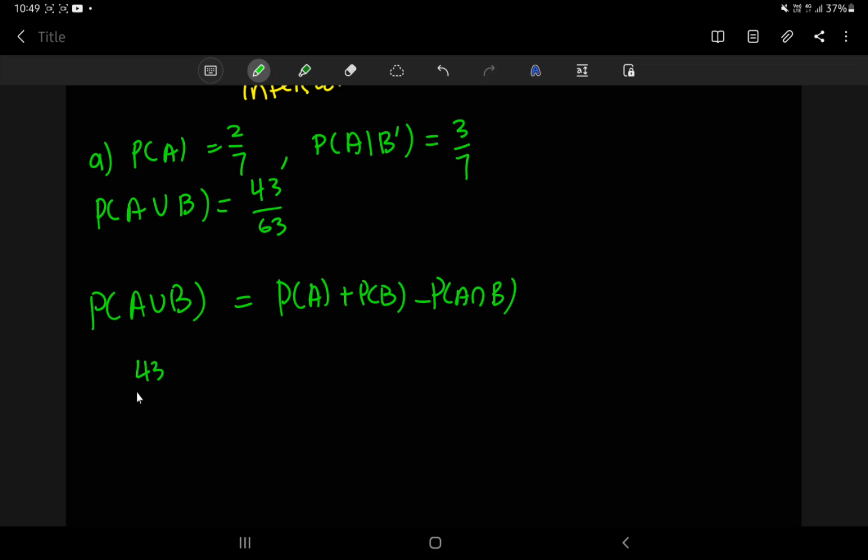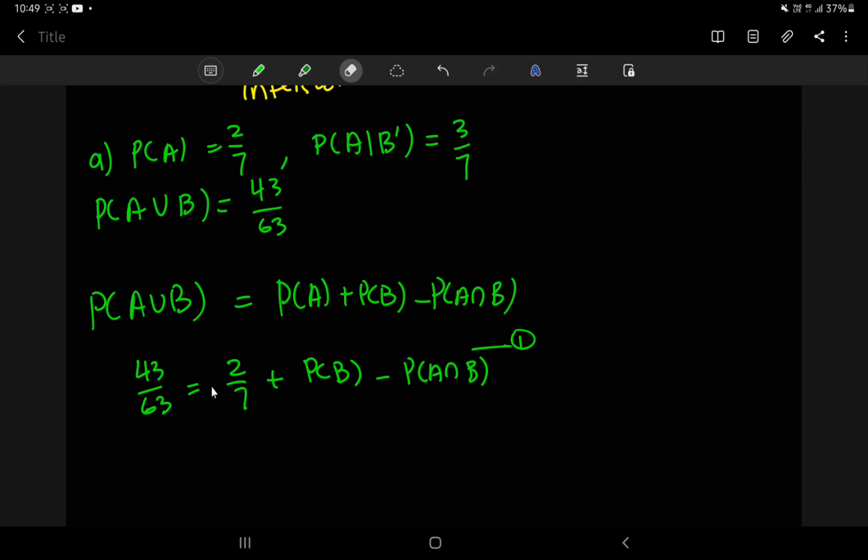This one is 43/63, probability of A is 2/7, plus probability of B, which is not known, minus probability of A intersection B, which is also unknown. Let me set this as equation number 1.